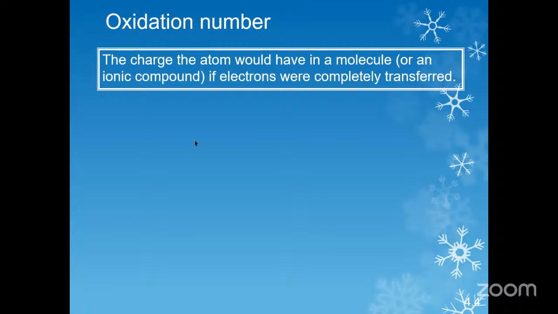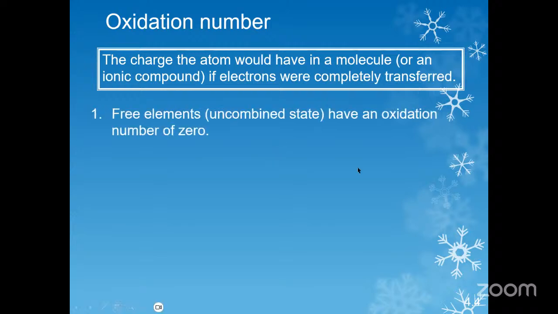It is used as a measure of the level of oxidation of a particular atom present in a molecule or ion. There are some rules that you have to know. You don't need to sit down and memorize these rules. If you use them over and over again, they become second nature.